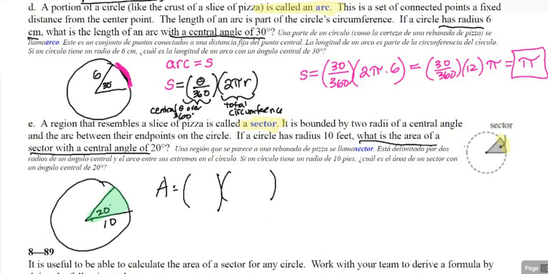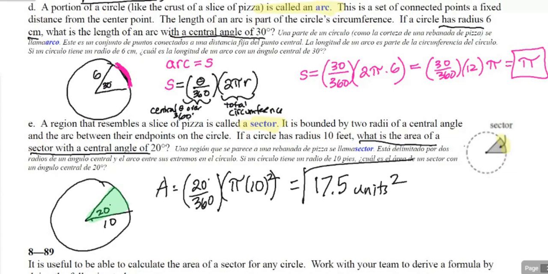The area of the circle is pi times the radius squared. So that's pi times 10 squared. And the angle we're talking about right now is 20 degrees. So that's going to be 20 over 360. So this is equal to, if I put the whole thing in my calculator, I get about 17.5 units squared. This area is in square units. Okay, we keep going.